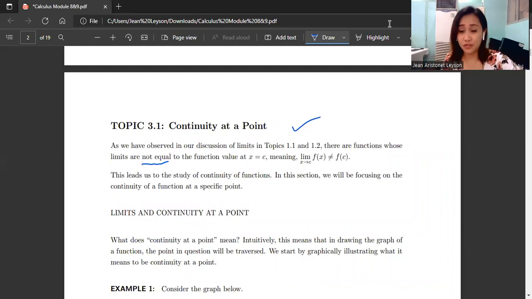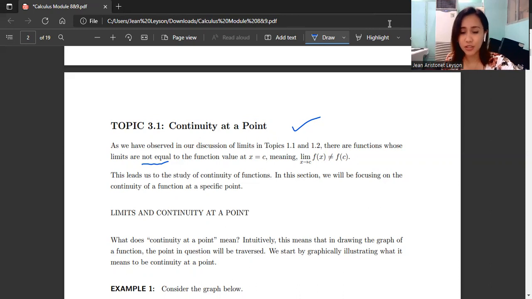There are times that the limit of the function as x approaches c is not equal to f of c, meaning the limit is different when you substitute the value of c right away to our function. Now, this leads us to the study of the continuity of functions.